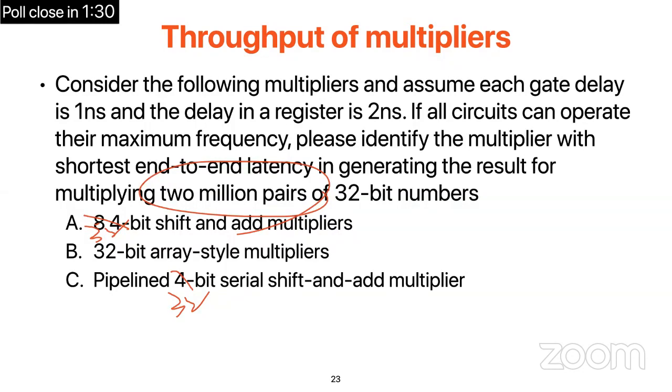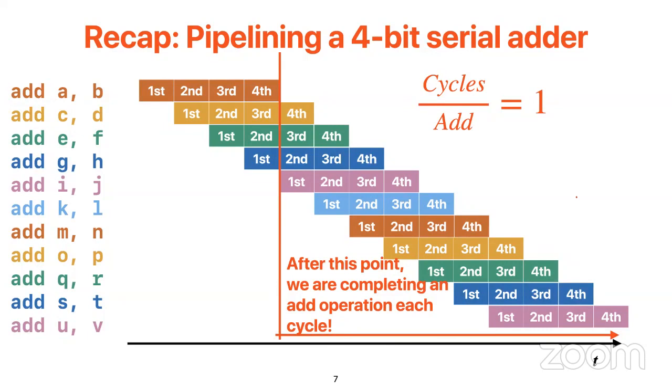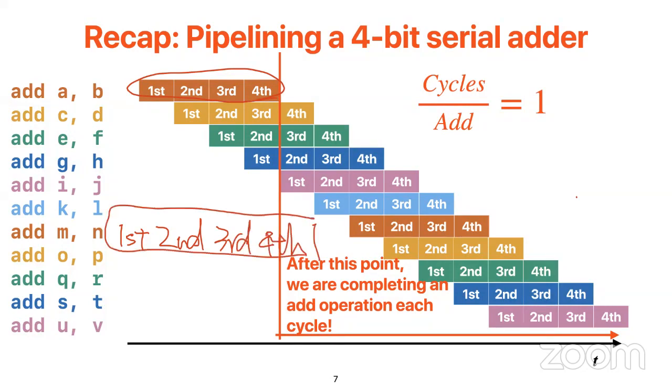If you just have combinational circuits, like a shift and add, it's basically saying that I am doing first, second, third, fourth, and only after I finish a number, I can start the next chunk of first, second, third, and fourth. So that's the non-pipeline version.